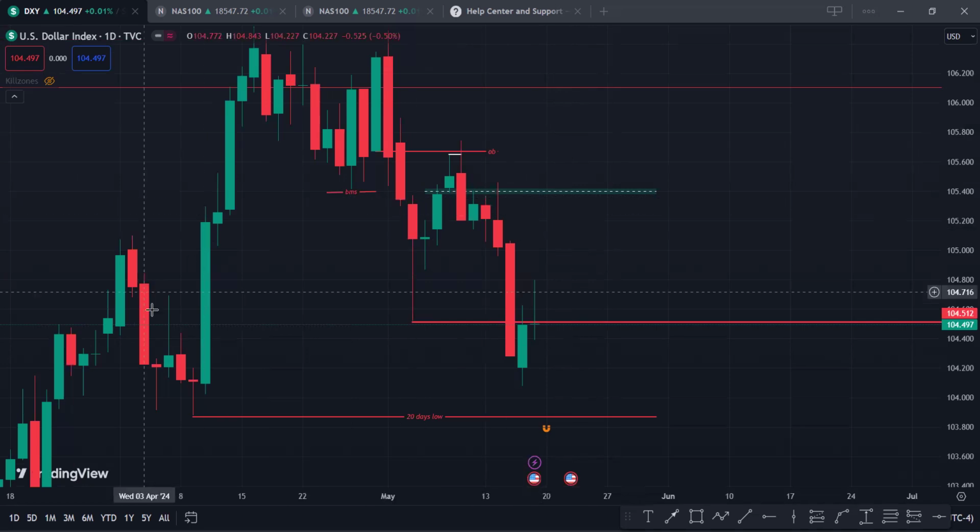For instance, let's say you have this bearish order block, and you are expecting price to return to this bearish order block and sell off, and then the market invalidated that bearish order block, broke it.